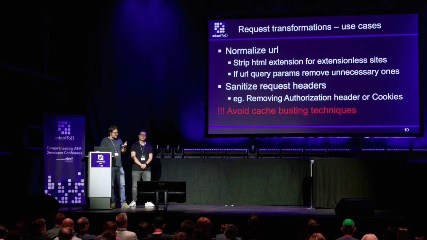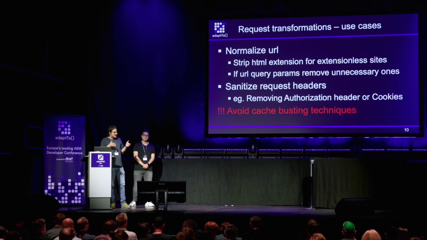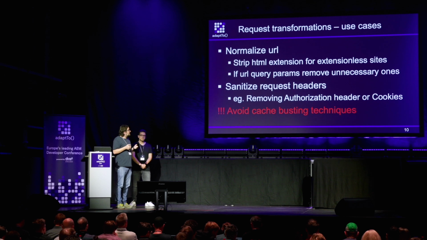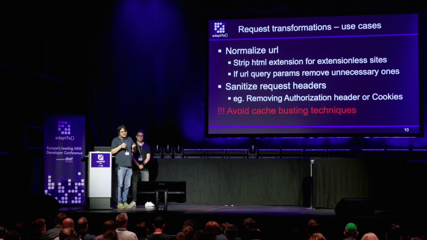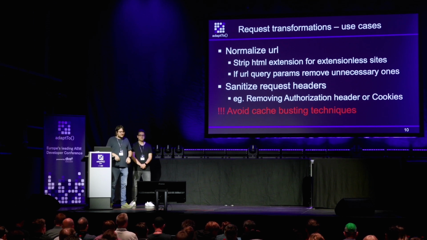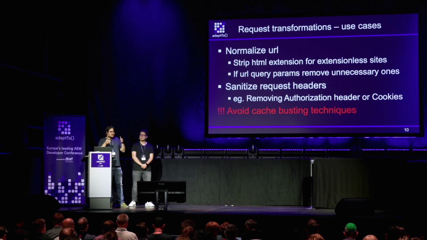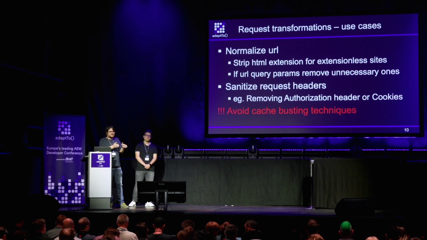I would emphasize the URL normalization because it allows you also to maximize the cache ratio. So if you have an extension-less site, you can strip the .html with a request transformation, so that your page with .html and the one without an extension hit the same cache key.